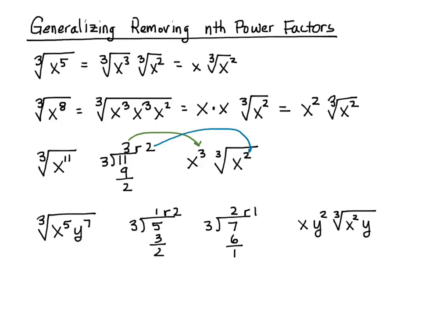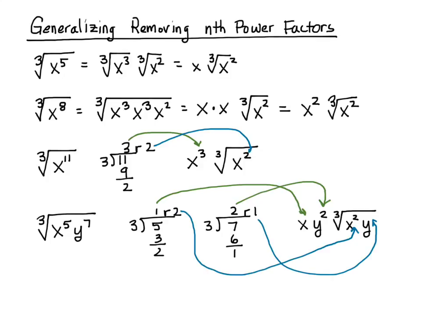So my simplified version is going to be x, because I took out one group of x, and I took out 2 groups of y, and then what I have left over, which is the remainder, is going to be the exponents of what I have left over within the radical sign.